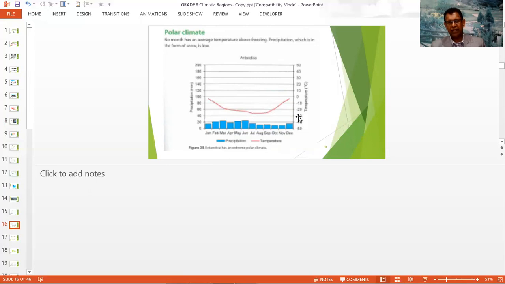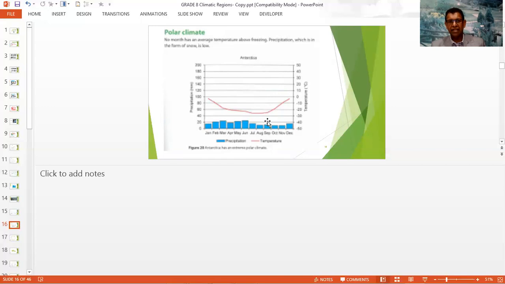Look closely on the side here, our temperatures are negative temperatures. It's a minus degree Celsius. There's our 0 degrees Celsius here. So all the temperatures for this area record minus degrees Celsius.